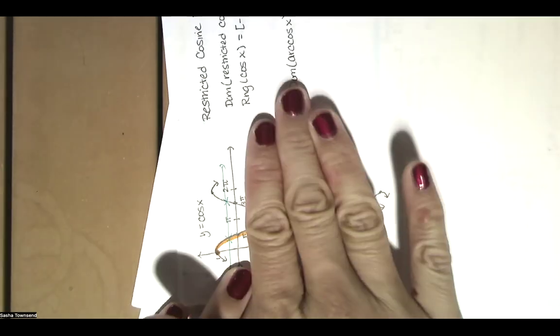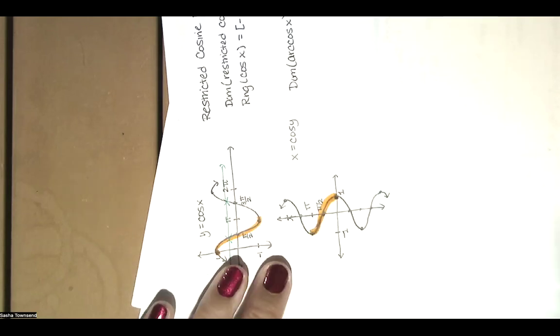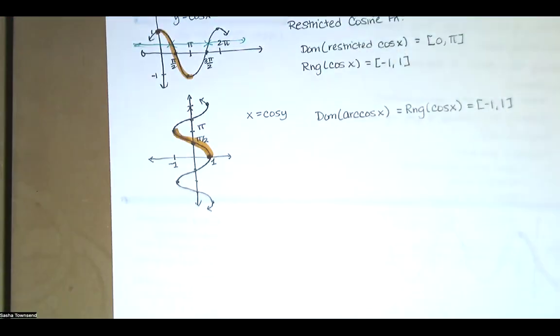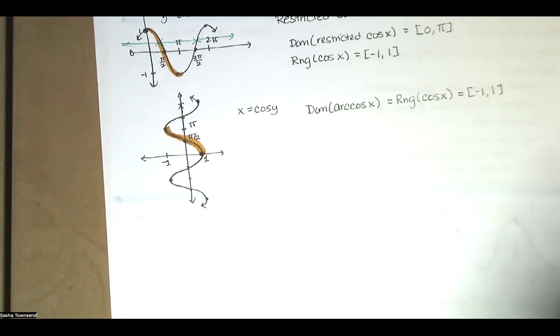So that's why you have to do the left-right reflection whenever you graph it. But because it's cosine, you don't have to do that. When you do the left-right reflection, it looks exactly the same. So this is our arc cosine function, this orange function here.